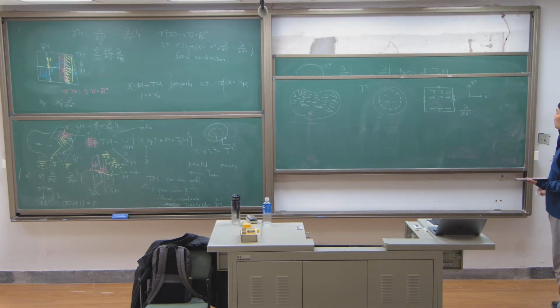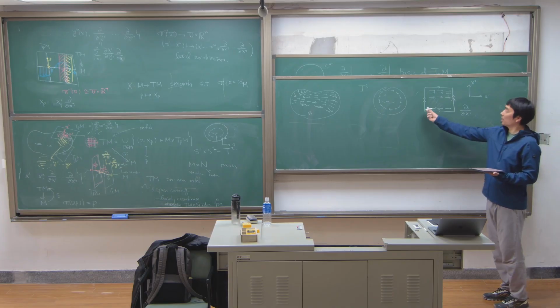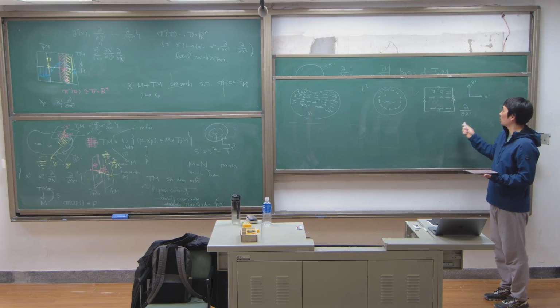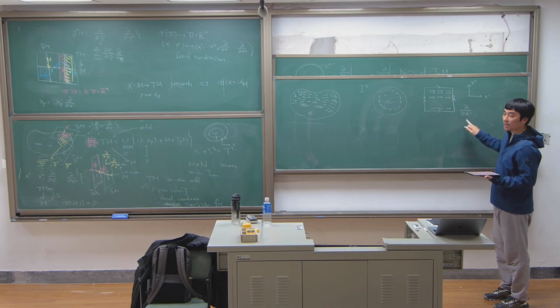So the vector field is literally like a translation in the x1 direction, that is the derivative in x1. You just write it down like this.